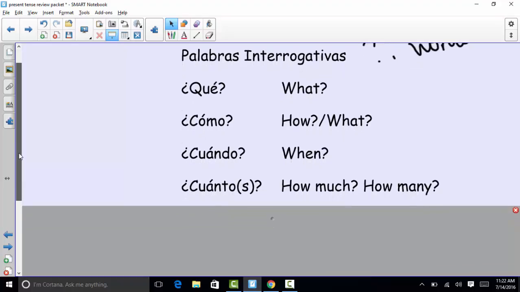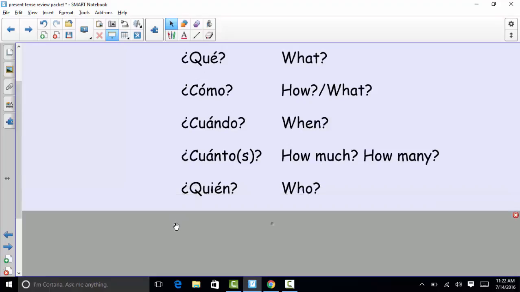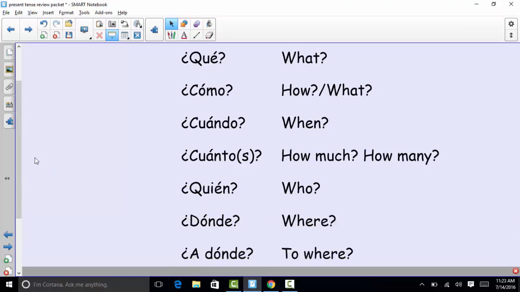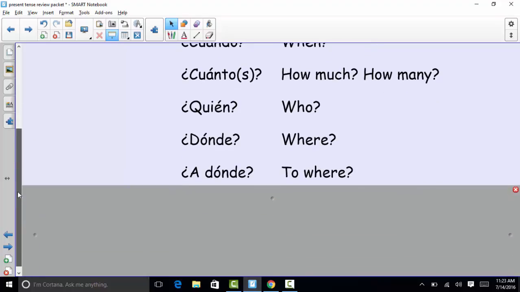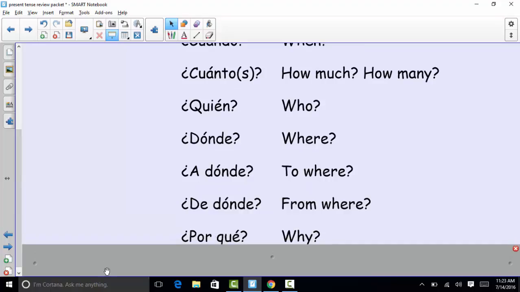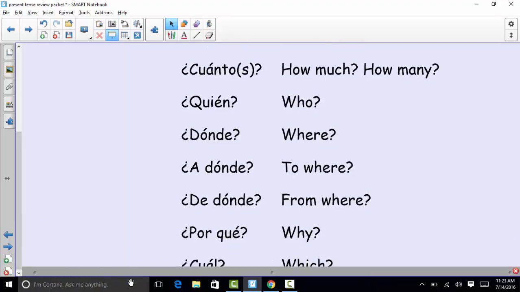We've got qué is what, cómo, how or what, cuándo is when, cuánto, how much or how many, quién is who, dónde is where, and adónde is to where, and then de dónde from where. And then you've got por qué is why, and cuál is which.